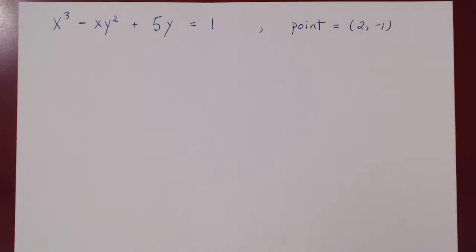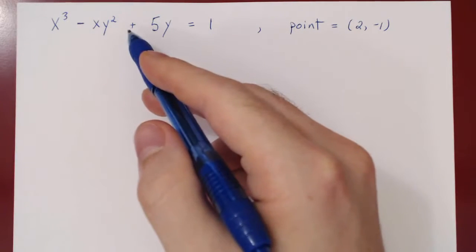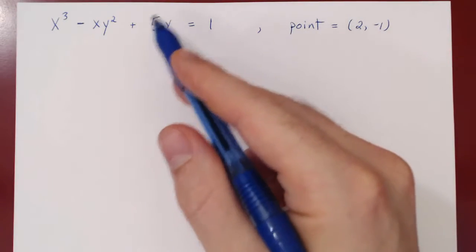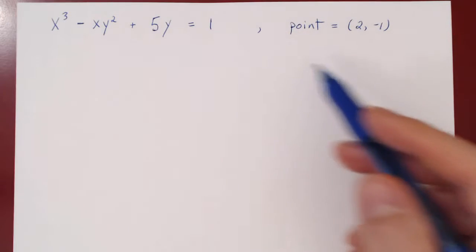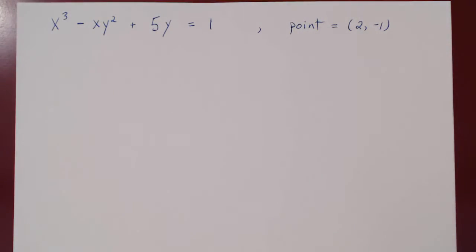So we get 8 minus 2 is 6, plus 5 times negative 1, 6 minus 5 is 1. So you see that this point satisfies this equation, therefore this point is indeed a point on the curve.